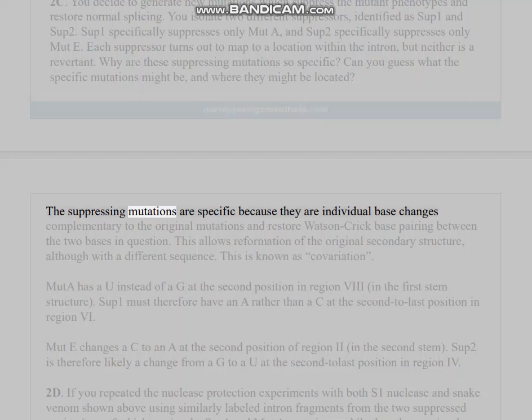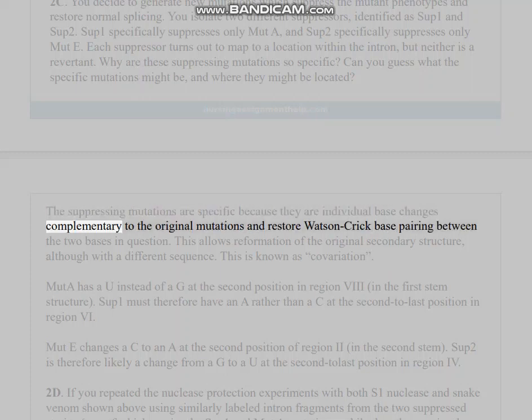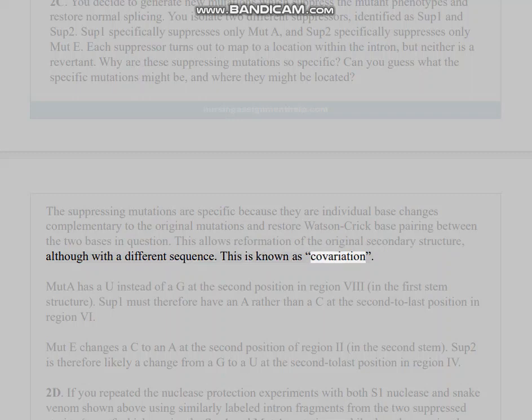The suppressing mutations are specific because they are individual base changes complementary to the original mutations and restore Watson-Crick base pairing between the 2 bases in question. This allows reformation of the original secondary structure, although with a different sequence. This is known as covariation.